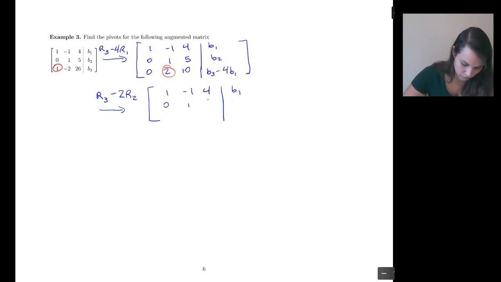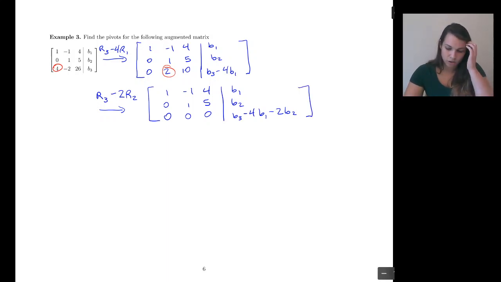Row 2 stays the same. Row 3 is going to change. 2 minus 2 is 0. 10 minus 10 is 0. And then we have what we had before, B3 minus 4B1. And now we're also subtracting off 2 times B1. Or 2 times B2, my bad.